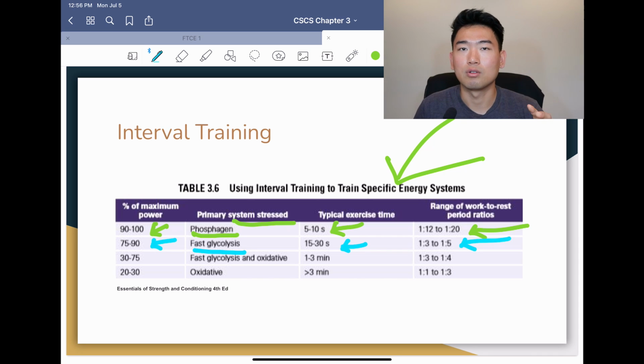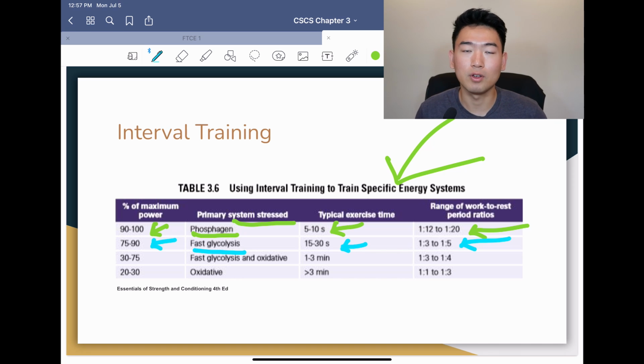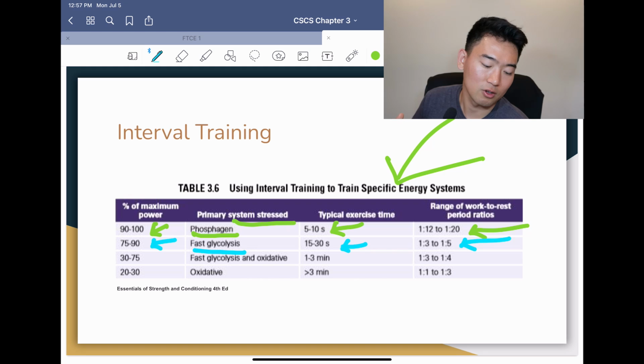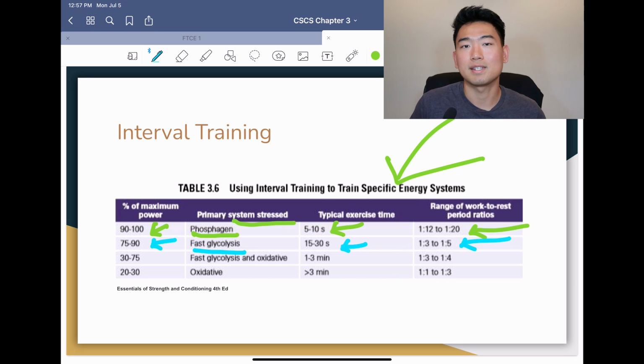So I'll give you an example of what work to rest ratio is. If you worked for a midfielder to bring up the field, I don't know if there's any soccer fans here, but Euro is just about to finish, and we'll just say Pogba from France, he was carrying the ball up the field for 20 seconds.